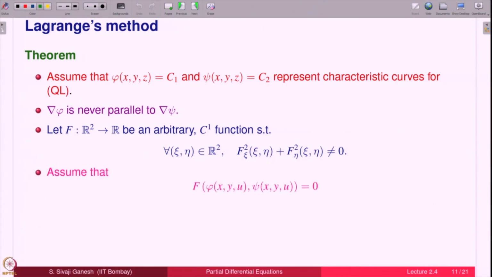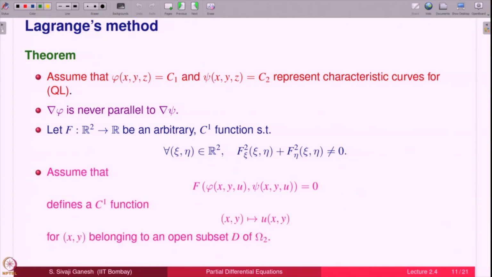Assume that f of phi of xyu comma psi of xyu equal to 0, this equation defines a C1 function xy mapping to u of xy. That means this is an implicit equation for u, and that can be solved.